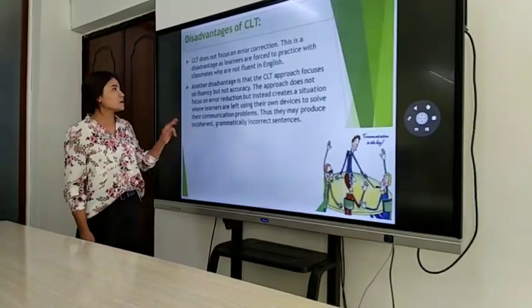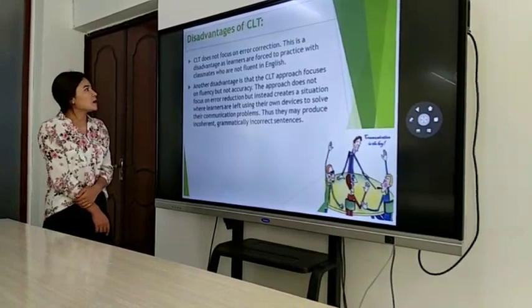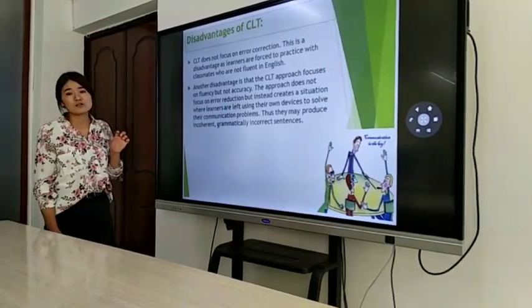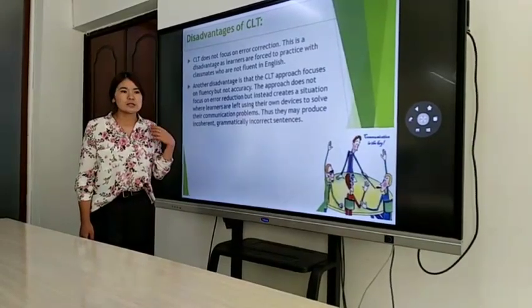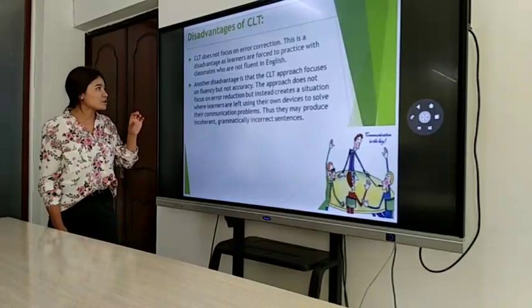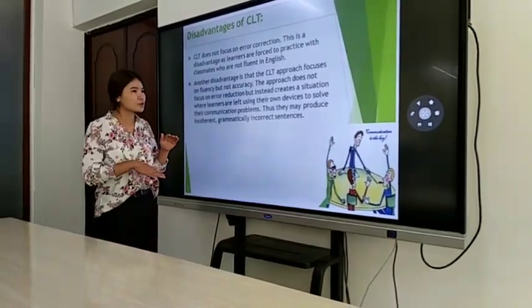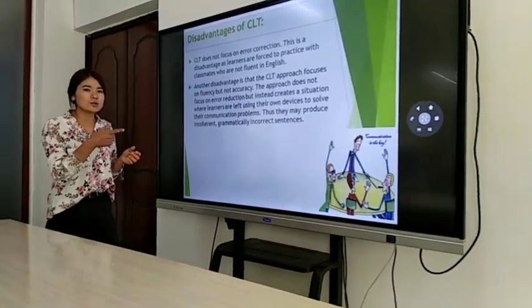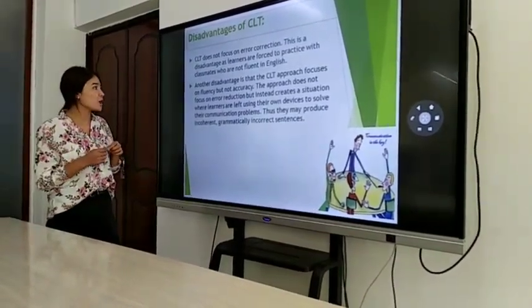And if we speak about the disadvantages of this method, CLT doesn't focus on error correction. CLT only pays attention to fluency, not their errors. And lower level students are joined with higher level students and they communicate with each other.